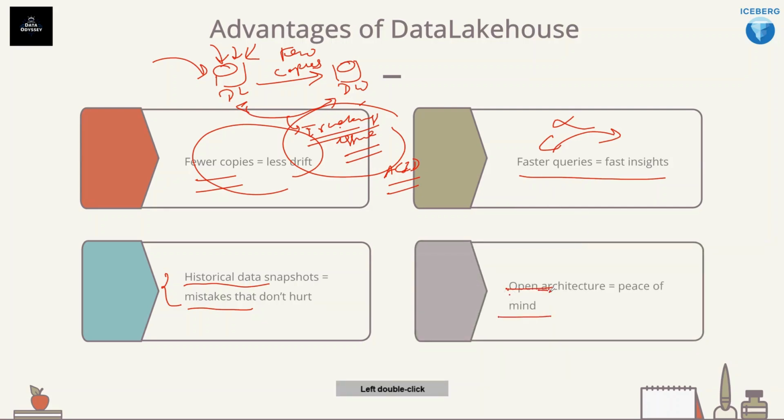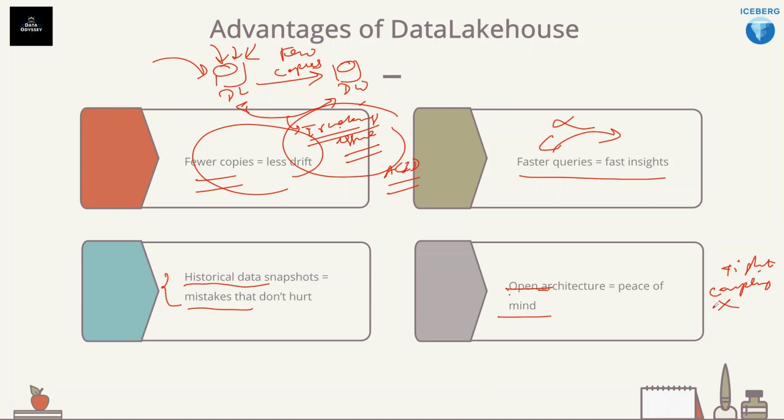And finally, open architecture equal to peace of mind. And this is the point which data warehouse couldn't resolve, or data warehouse lacked at. Over there, each of the components was tightly coupled, and this tight coupling led to a scenario of vendor lock-in. But in data lakes, it wasn't the issue. Each of the components that was there in data lakehouse can be of a different vendor, right?